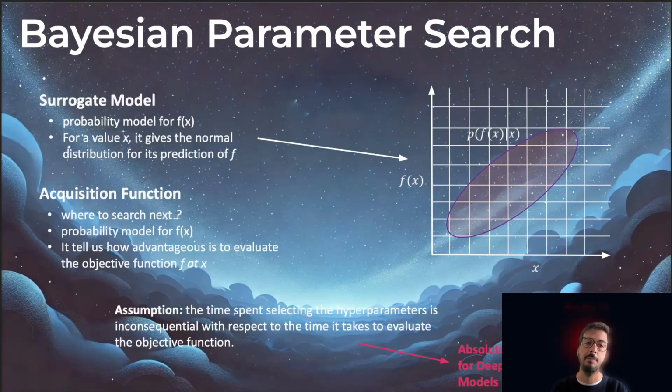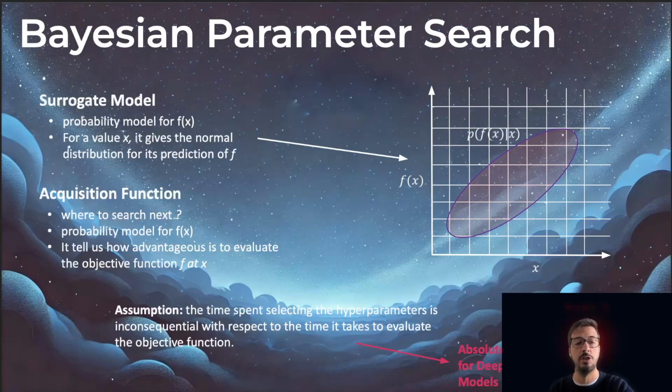In order to explore this parameter space, we use a technique which is called Bayesian parameter search. Basically, the idea is that you need a surrogate model, so a probability model for your deep learning model itself, that will give you at a given point of this parameter space the normal distribution of your prediction of the deep learning model performance on that point.